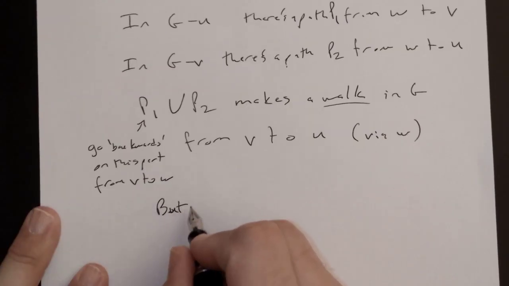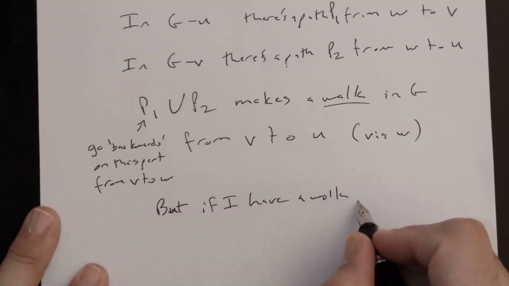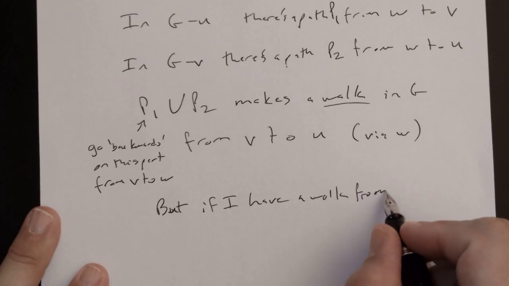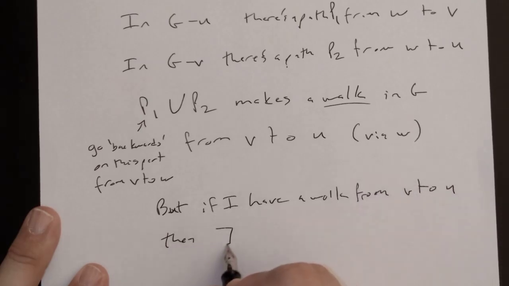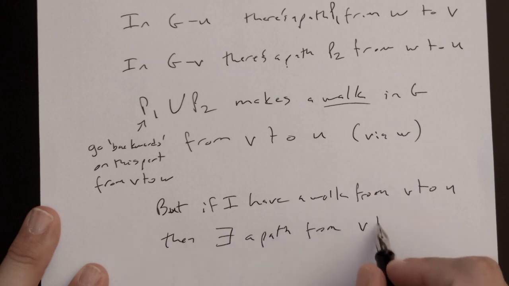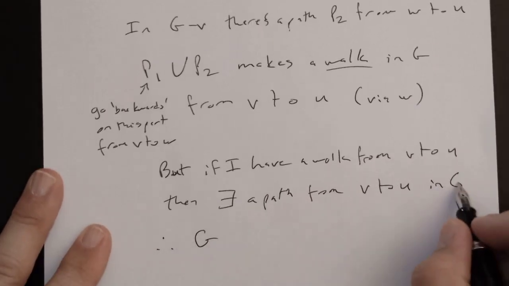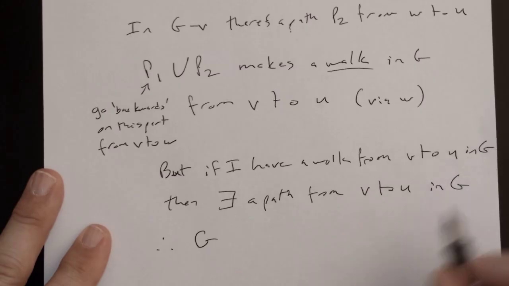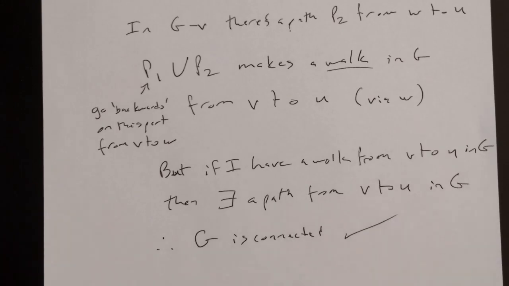But if I have a walk from V to U, then there exists a path from V to U. Therefore, G is connected, because I can get from any vertex to any vertex.